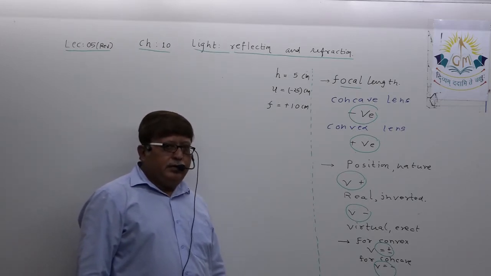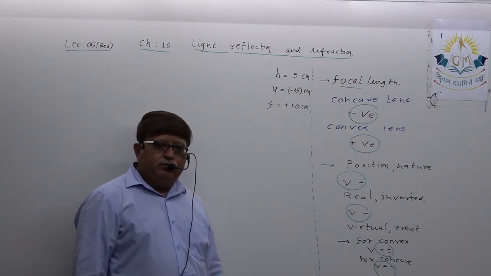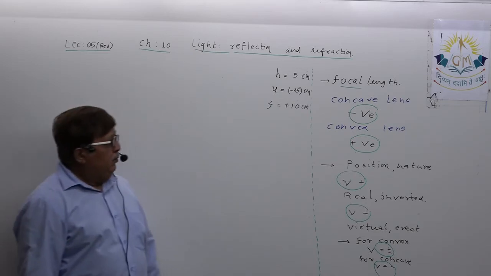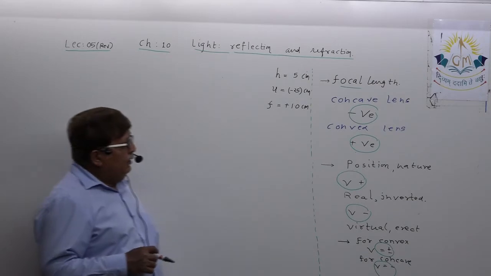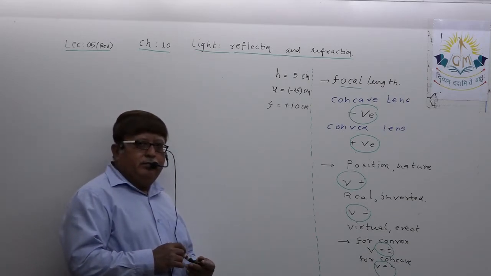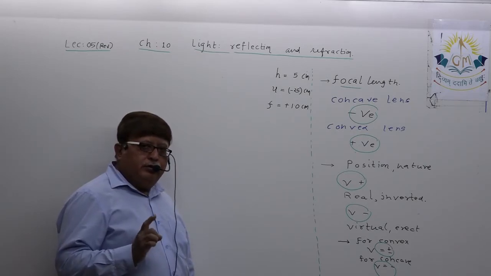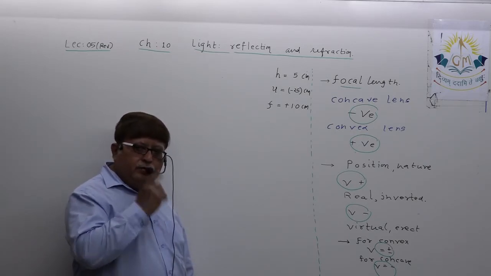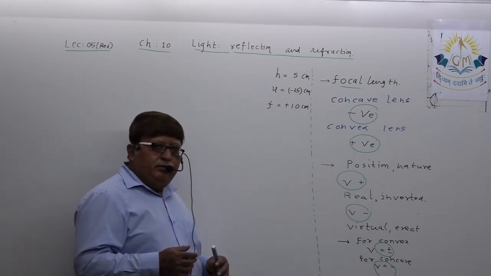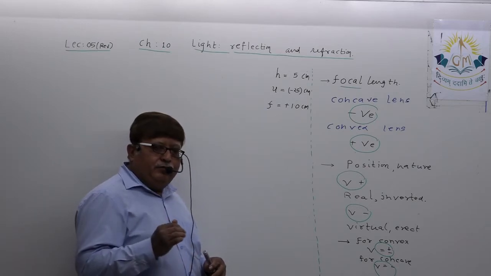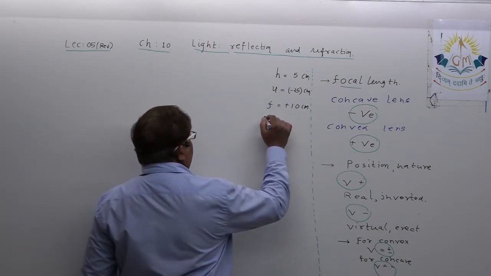Because we are dealing with numericals, my target is that, no doubt, after we solve this example completely, we will also draw the ray diagram to understand it. But first, rather than going for the ray diagram, let us move as per the solution of the numerical.